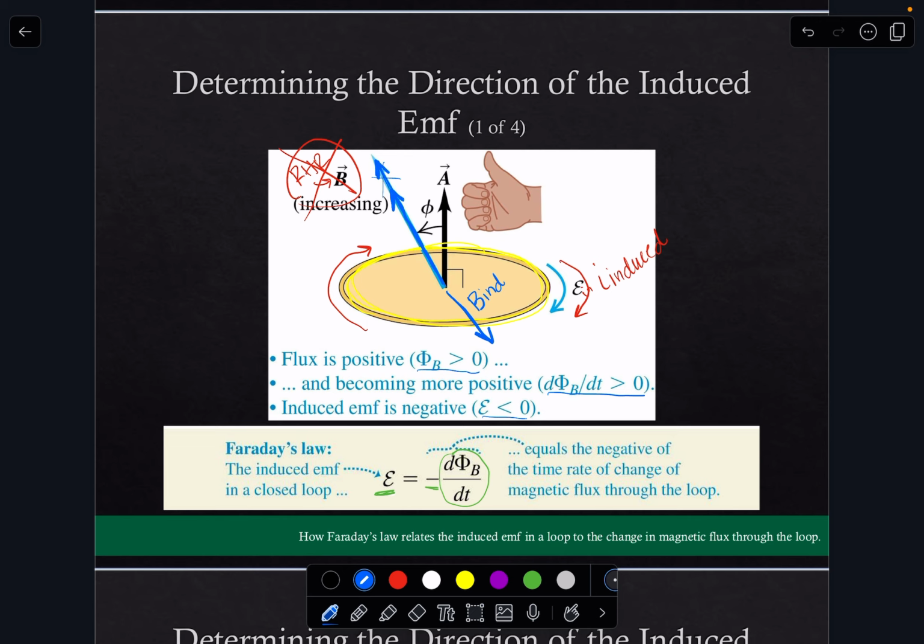And now we're going to do the right-hand rule on B induced, and we don't have to flip anything.